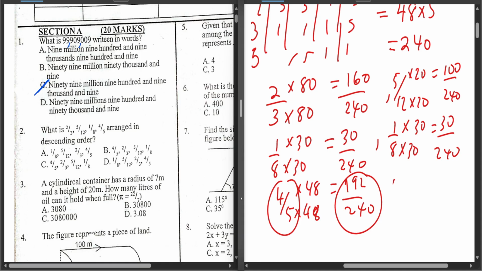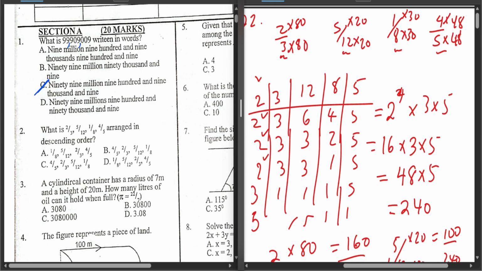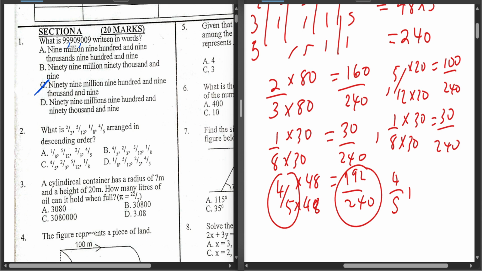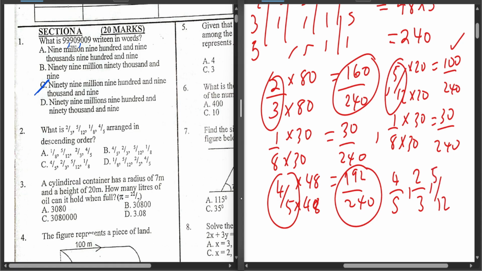So yeah, 4 over 5, comma, then followed by the second, which is 160 over 240, that is 2 over 3, then followed by 5 over 12 because of 100 over 240, and last but not least is 1 over 8. That is the answer.